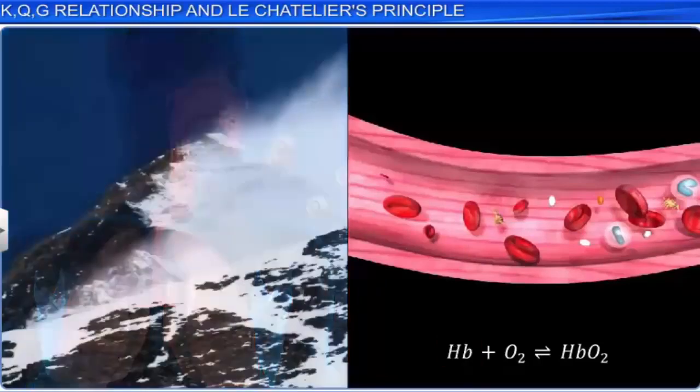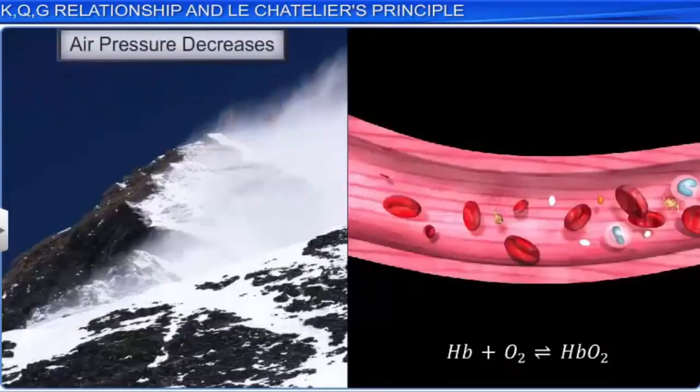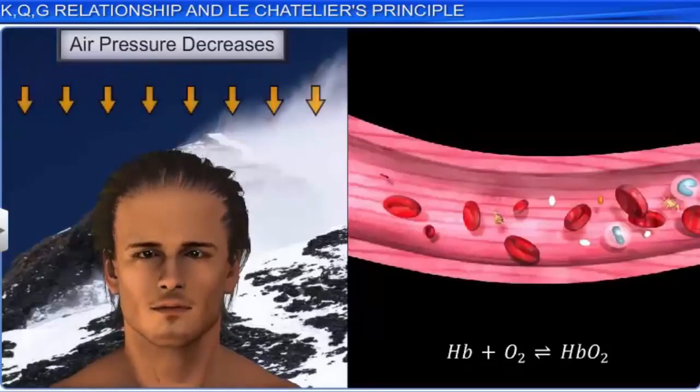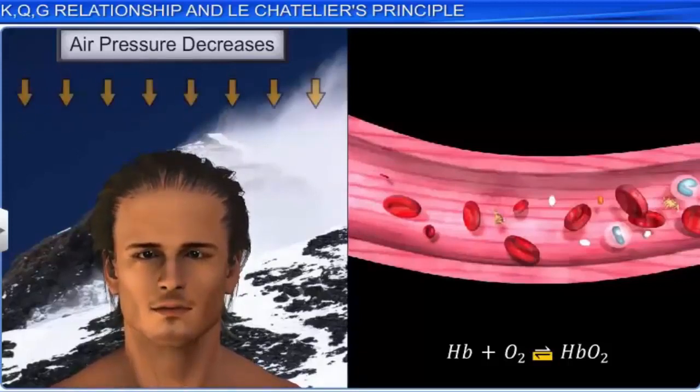A healthy equilibrium is maintained as long as there is sufficient oxygen in the air. At high altitudes, the air pressure decreases, and it becomes difficult to obtain the oxygen needed. This results in a shift of the equilibrium to the left, away from the oxygenated hemoglobin.